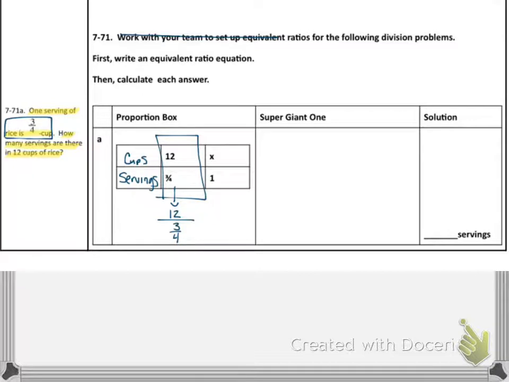Remember, all fraction bars mean to divide. We're going to take this and set it up so that we can solve. 12 needs to be a fraction, which is going to be 12 over 1 divided by 3/4. We want to take this and have it equal to something over 1.